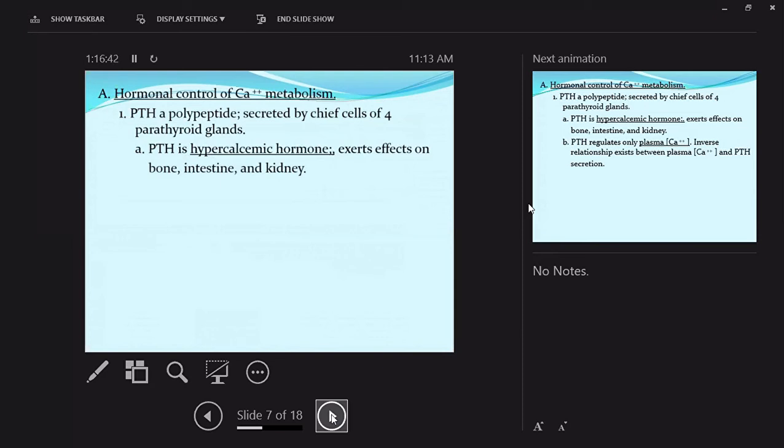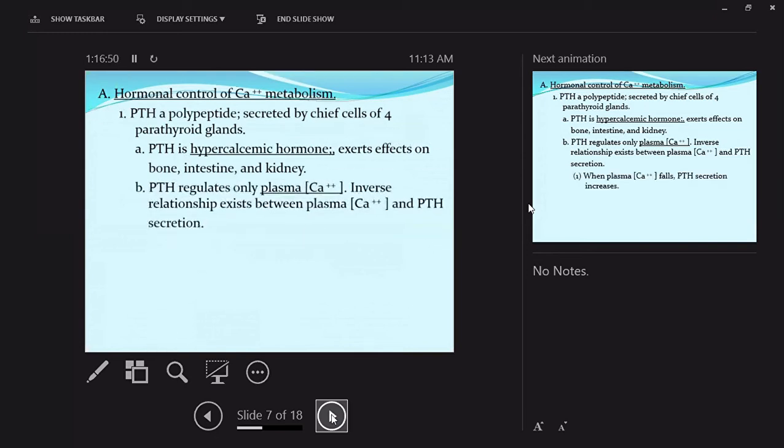It exerts effects on the bone, the intestine, and the kidney, and regulates only plasma calcium.